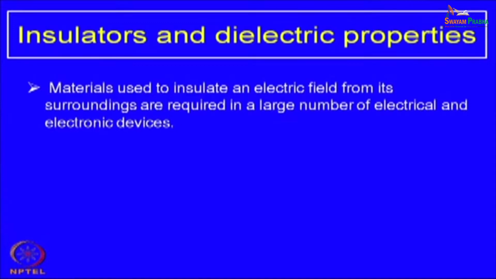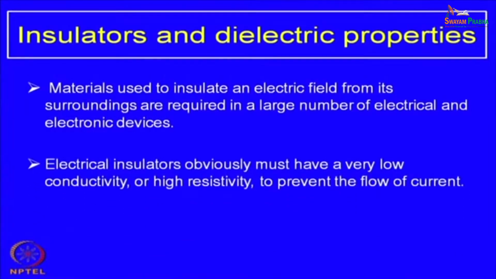So, in addition to the dielectric properties, just simple insulation is also important. Whenever we are using a semiconductor device or a conducting material, an insulating material is quite useful to insulate it from its surroundings, and that is another function of an insulator.